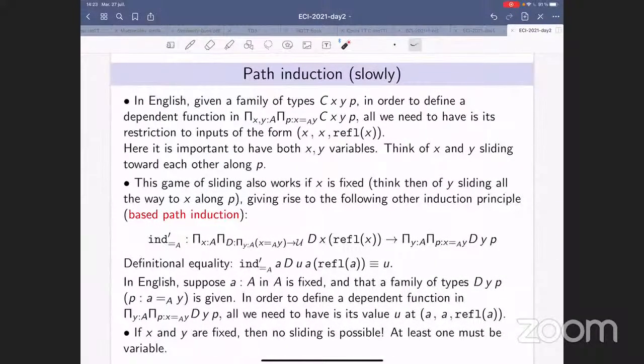So this X and Y have to be able to range over all of your type A. Otherwise, it will not work.